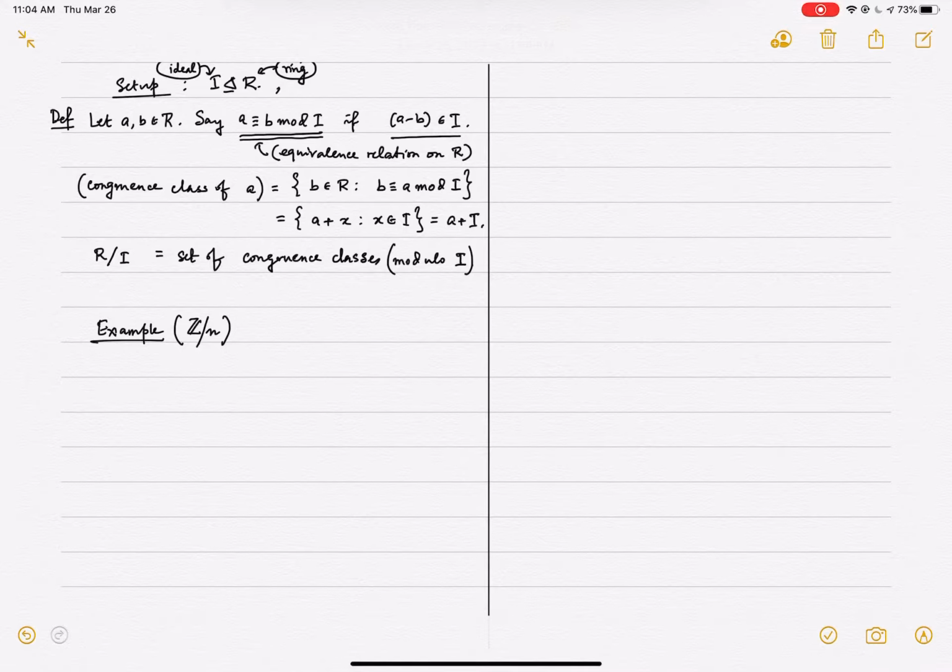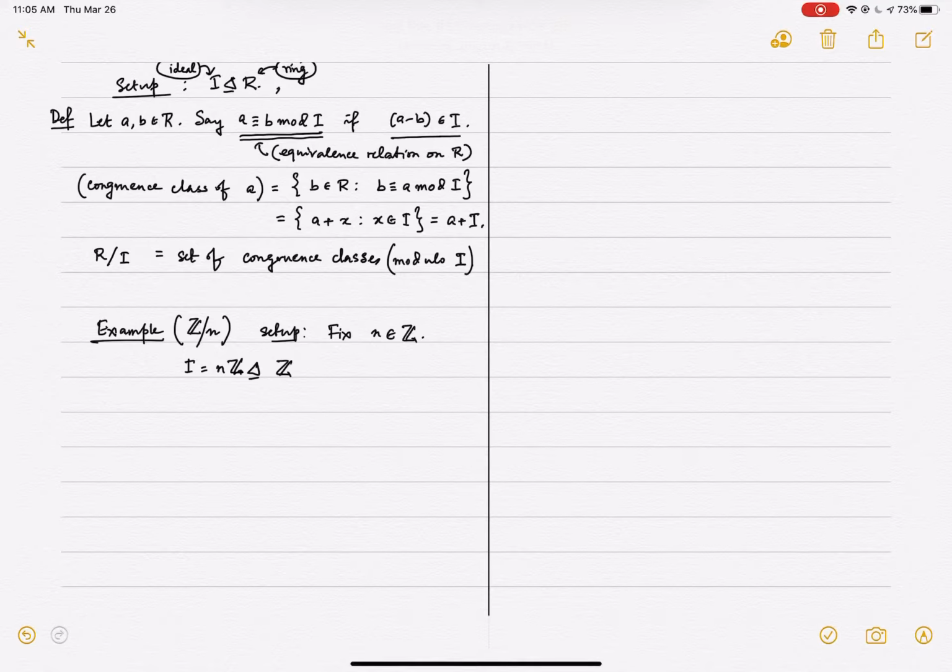So let's walk through all these definitions in the example of Z mod n. The setup here would be: let's fix an integer n, and then my ring R is going to be Z, and in there I have an ideal nZ, which means all multiples of n.